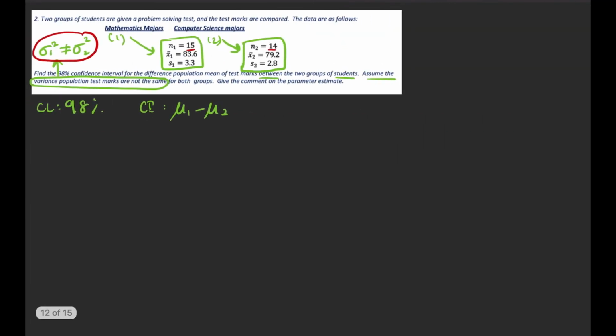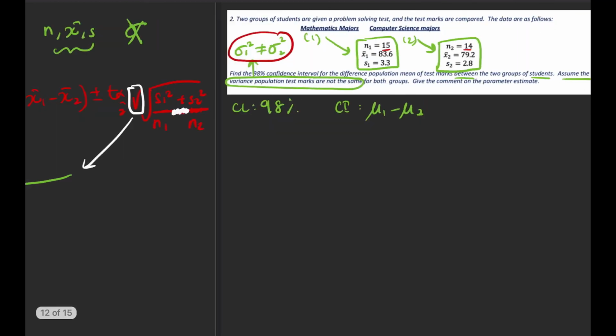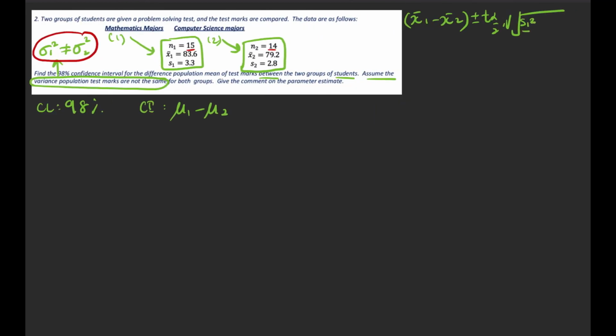The formula is x bar 1 minus x bar 2 plus minus t alpha over 2 nu square root of s1 square over n1 plus s2 square over n2.